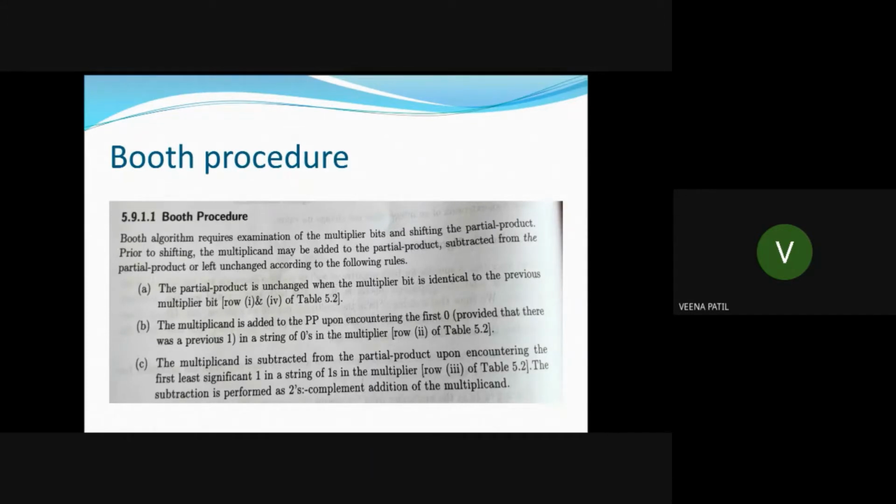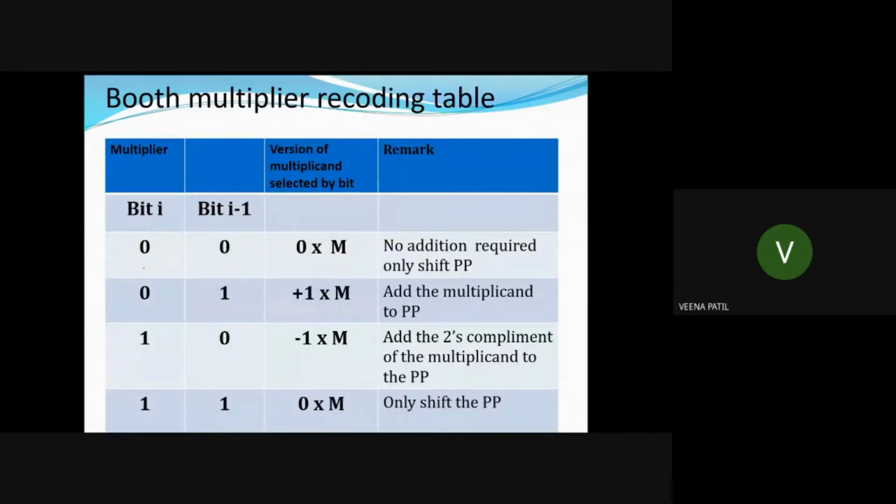That is, if both the bits are 0, 0, or for any bit i and its previous bit i minus 1, if both the bits are the same, 0, 0 or 1, 1, then you are going to only shift the partial product without performing any addition.